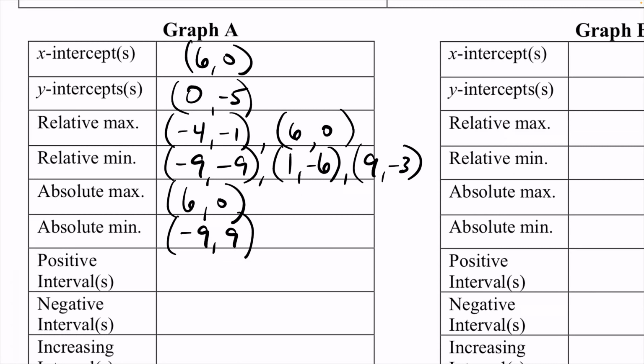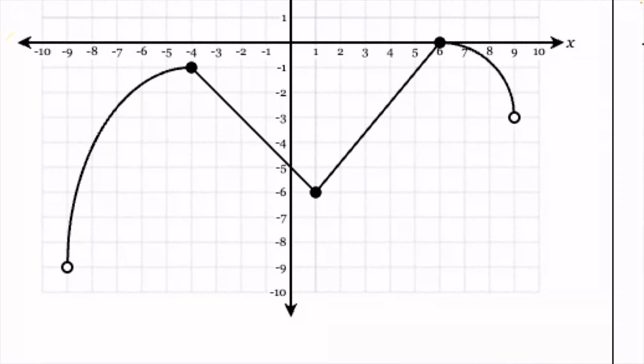Positive intervals. Okay, so if I go back to my notes, I see that positive interval meant above the x-axis. So watch me trace, and then you can do it on your own. I start from the very left, that open dot. I'm going to start there, and I'm going to trace, and see if I ever go above the x-axis.